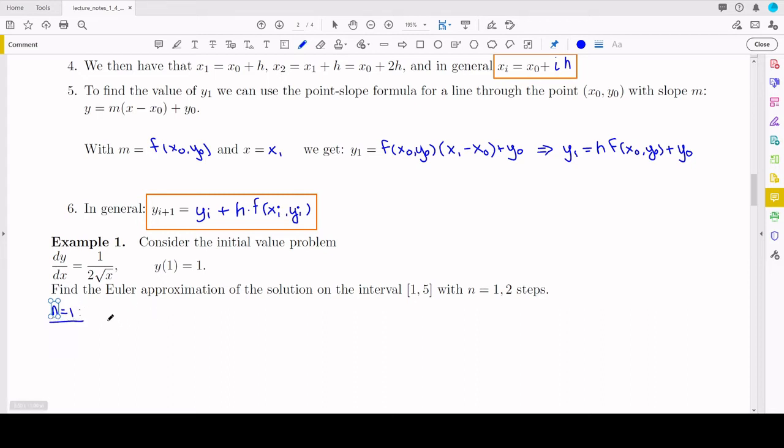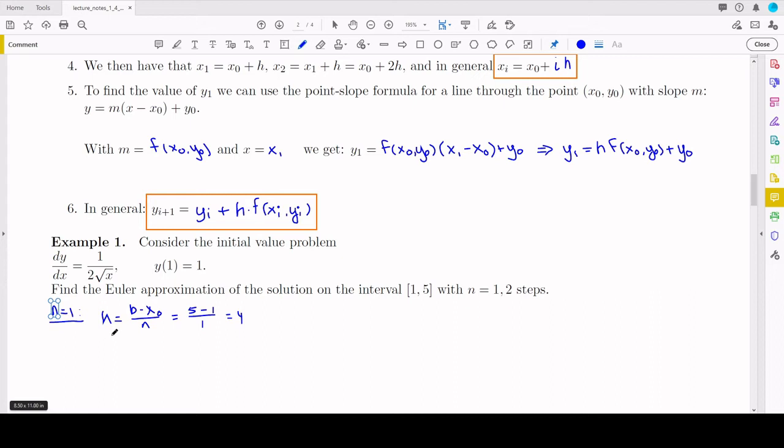So for n equals 1, what does h become? h is b minus x naught over n, and the endpoint for which we want the solution is 5, and the initial value is 1, so that's 5 minus 1, and then we have one step, so h equals 4. That's not very realistic.